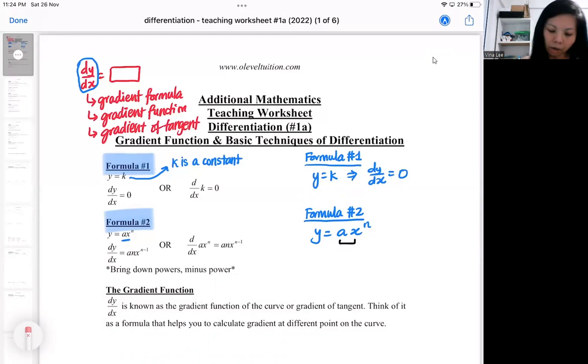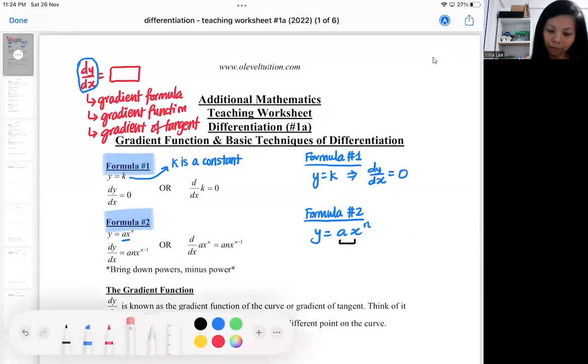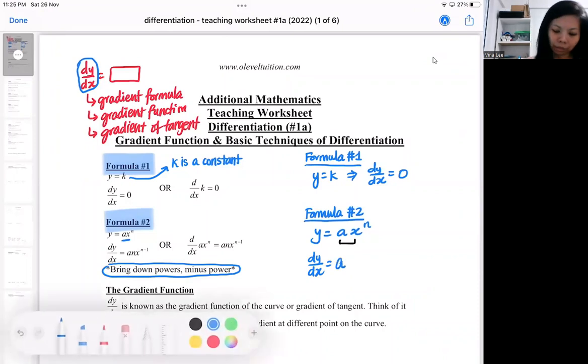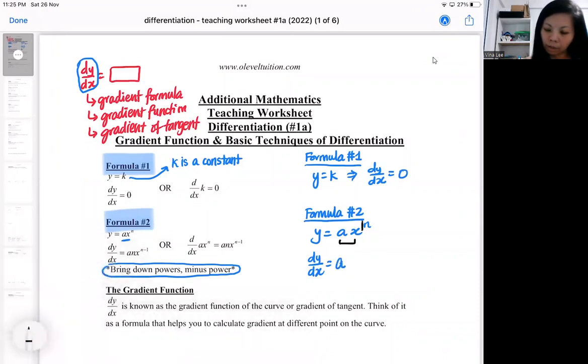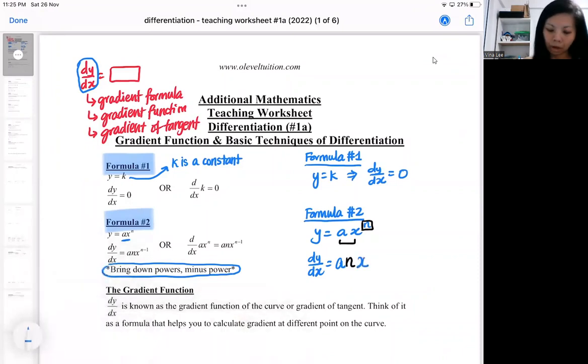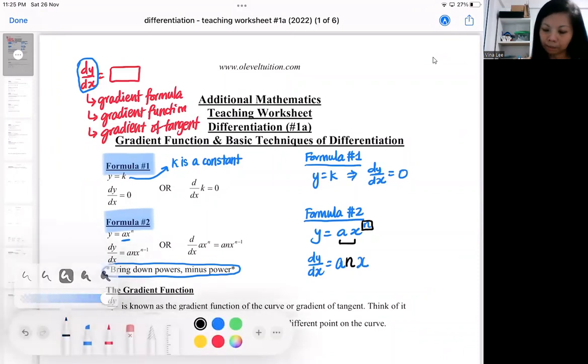Then after that, how are you going to apply the formula? The formula is in terms of something that you can keep saying in your heart. These are the 2 steps that you need to keep saying. You are going to bring down the power. Can you see? I literally bring down the power and I minus the power.